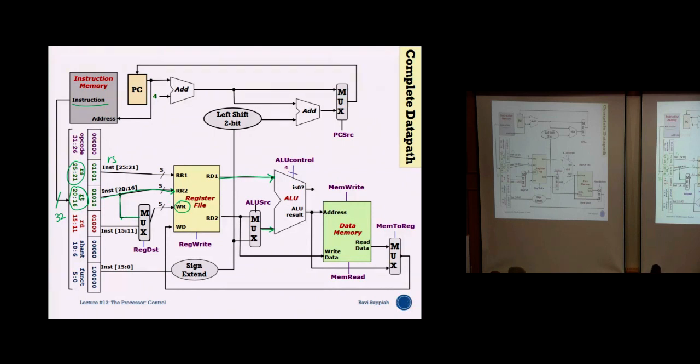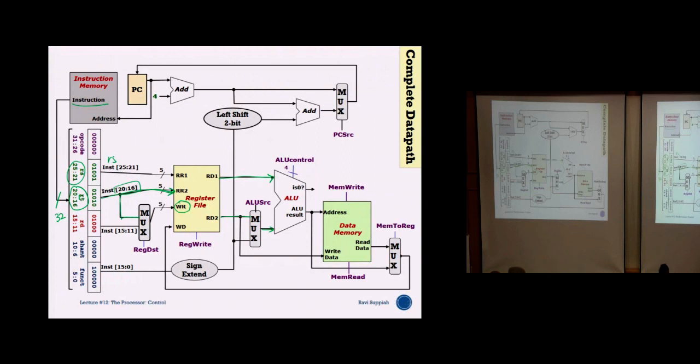What we also saw was that regardless of whether it is an R type or I type, bits 20 to 16, for example, will still come here, which means that whatever is specified in bits 20 to 16 will also come out here. Correct?